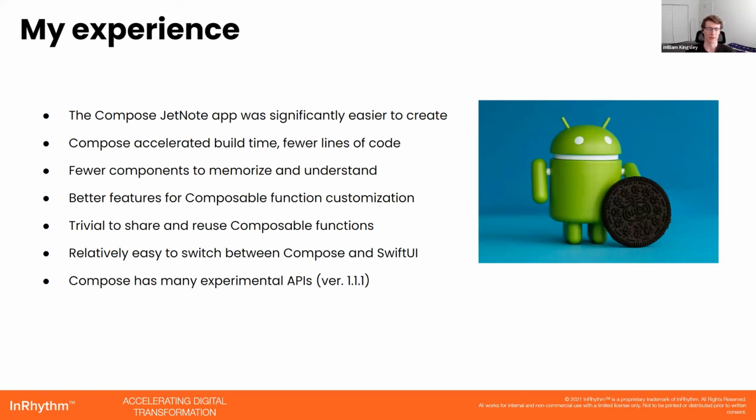However, one of the downsides that Compose does exhibit in its current version, which is 1.1.1, is that there are still very, very many experimental APIs packaged into the framework library. Of course, over time this will be rectified by Google as the APIs mature and as Compose matures as a framework for defining UI.